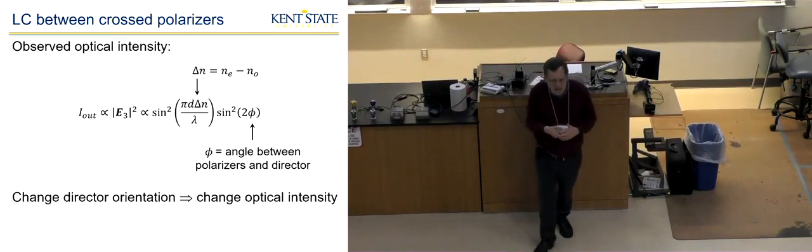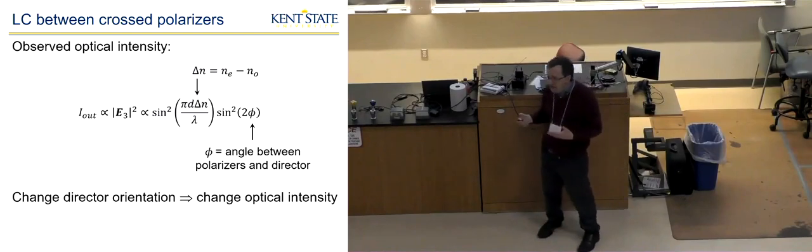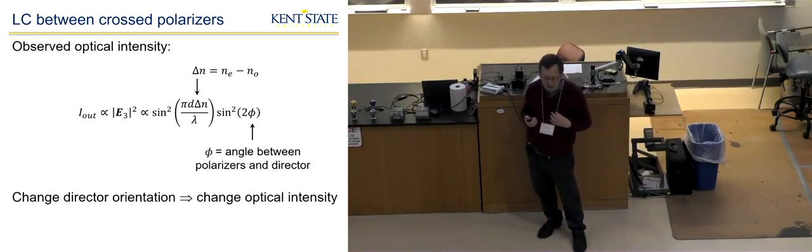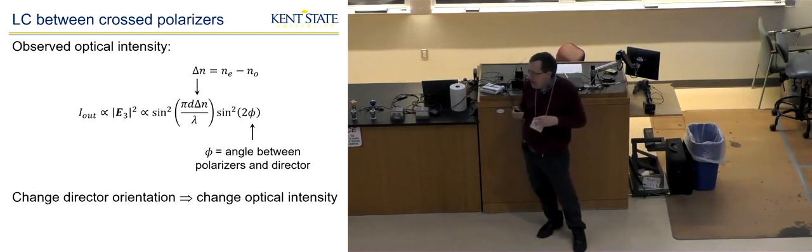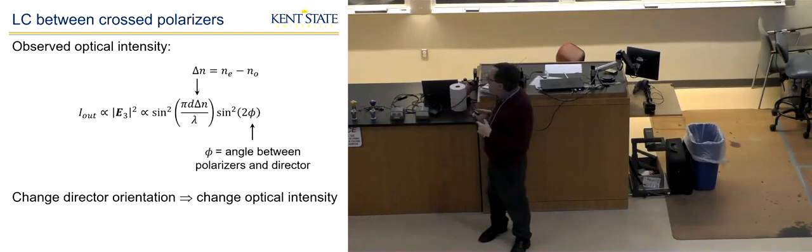The idea in a display is you want to put on an electric field which is going to change the alignment of the liquid crystal, and then that will change how much light can get through a cell between crossed polarizers.